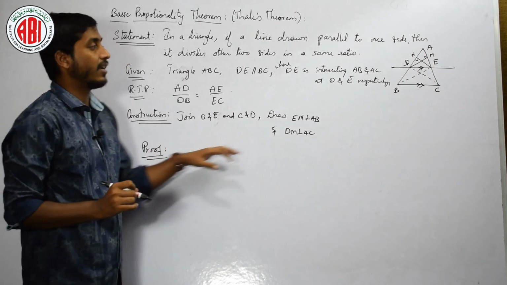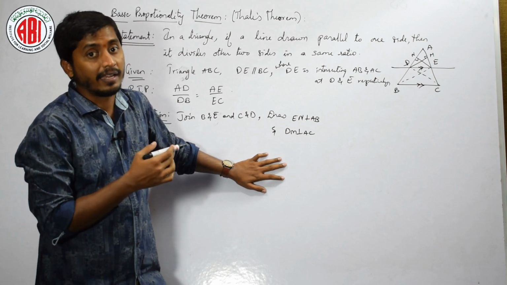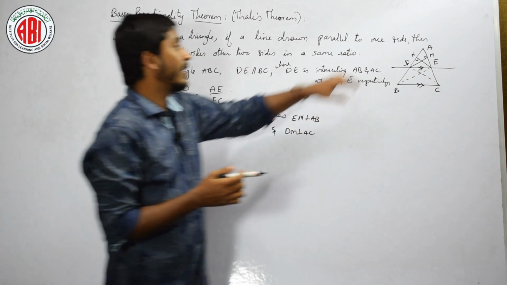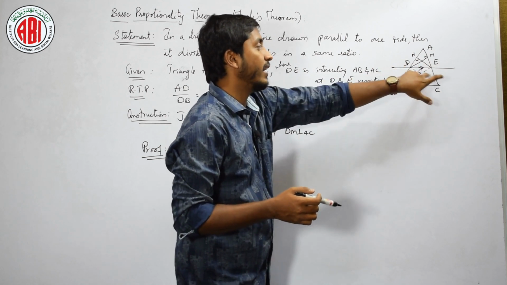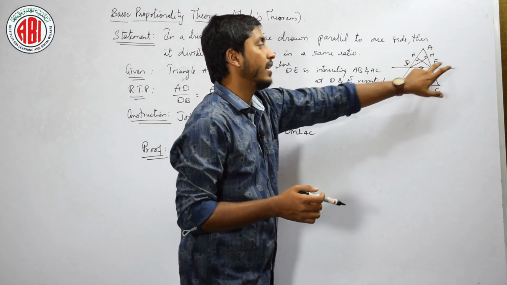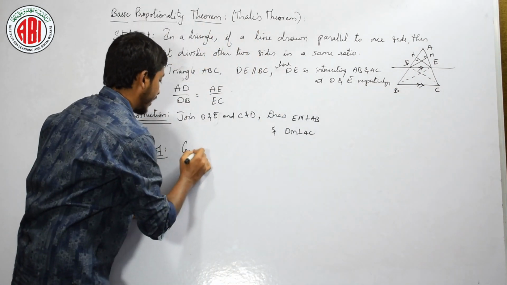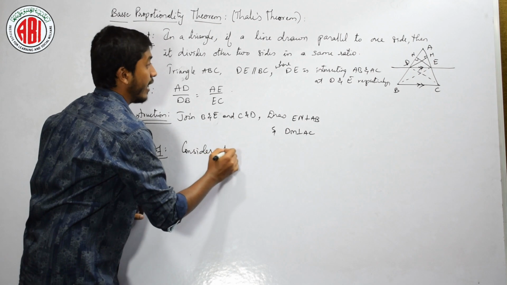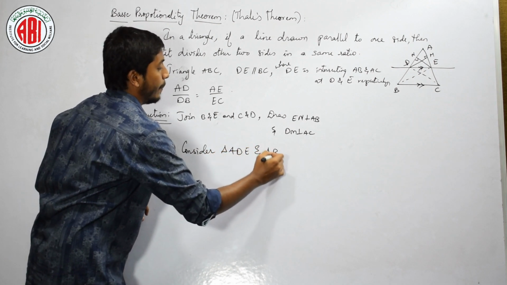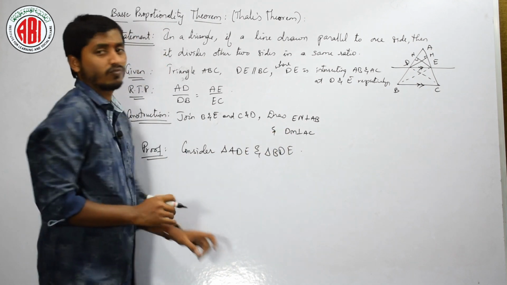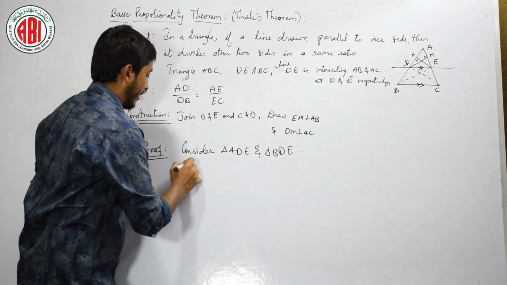Now see here, there are different triangles you can see. There are triangles such as ADE, and under that there are two base triangles, that is BDE and DEC. Now let us consider triangle ADE and triangle BDE.